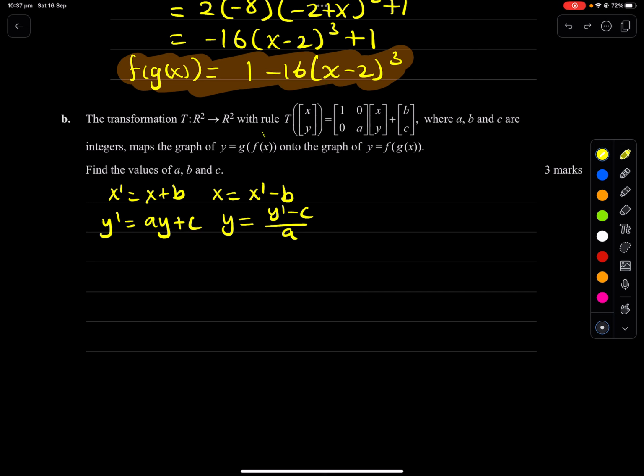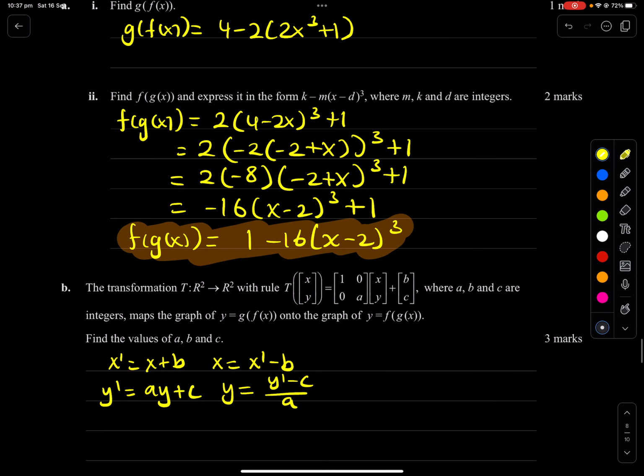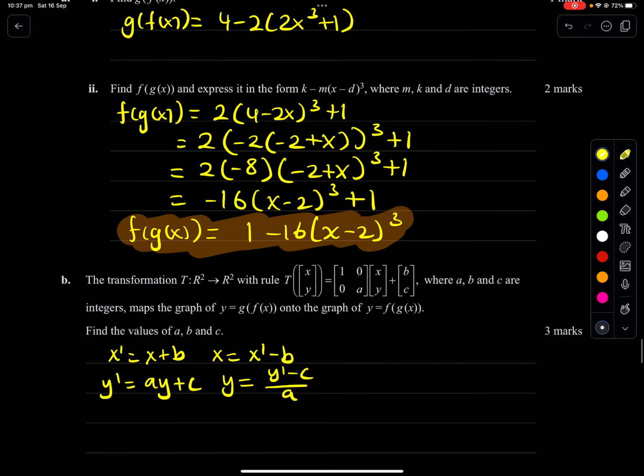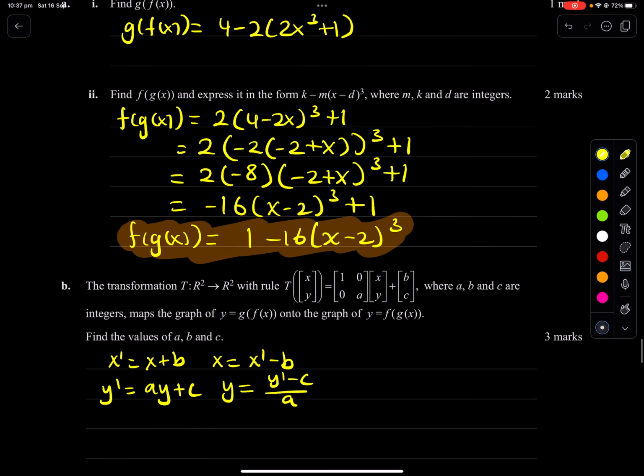Alright, so what is g f of x? So g f of x is that expression.